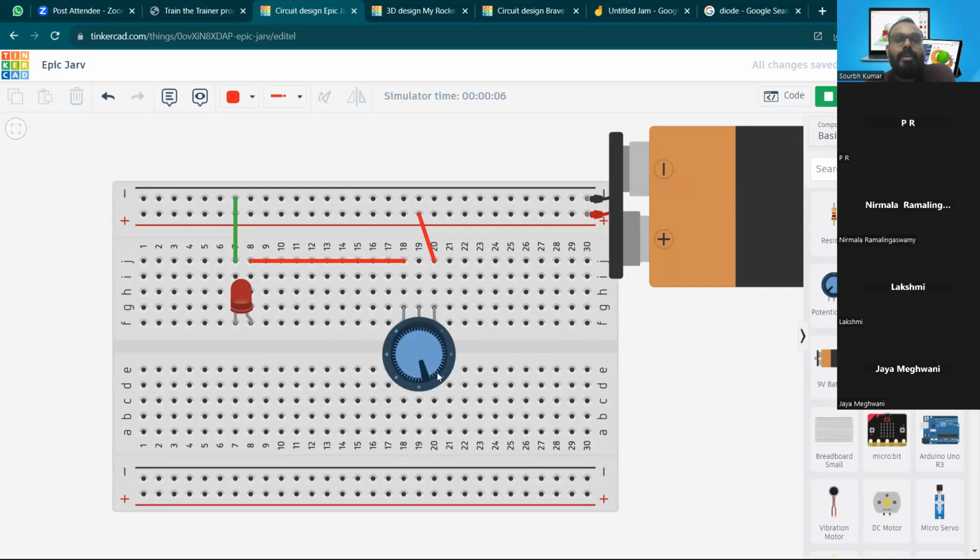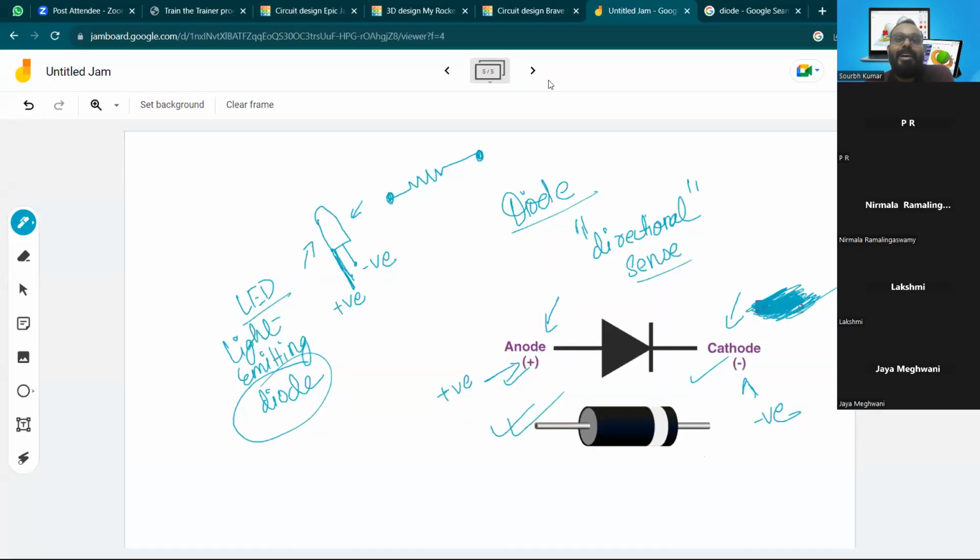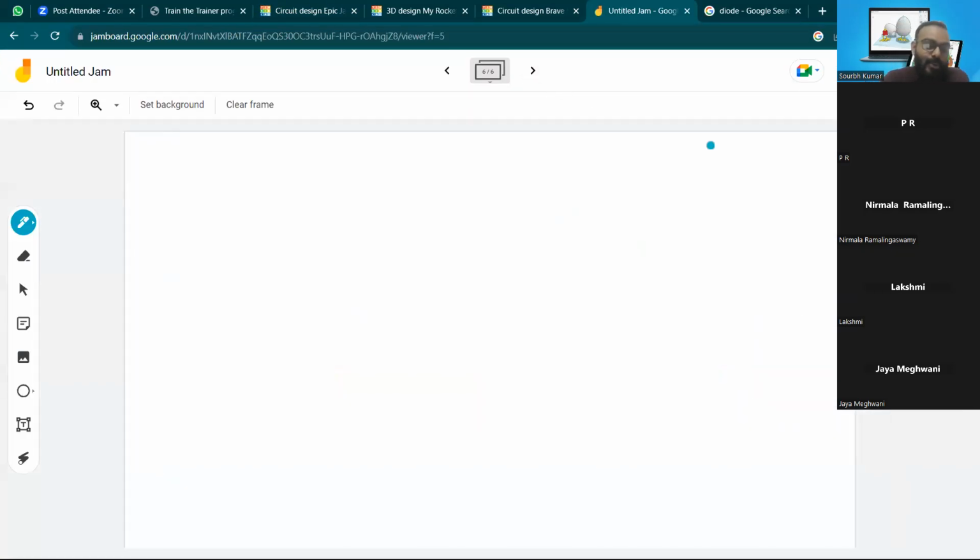No, the intensity is very low. Why is it glowing? Because this potentiometer, let me explain something. Whenever you go for potentiometer stuff, there is one thing to remember. If you recall what components it is made up of, it has three terminals: terminal 1, common and terminal 2.